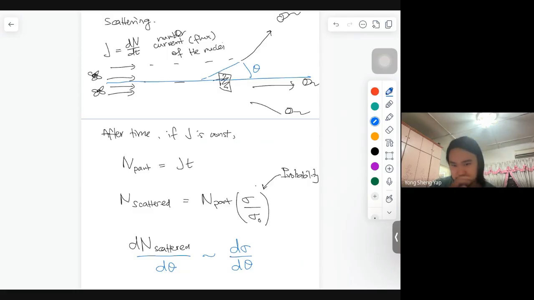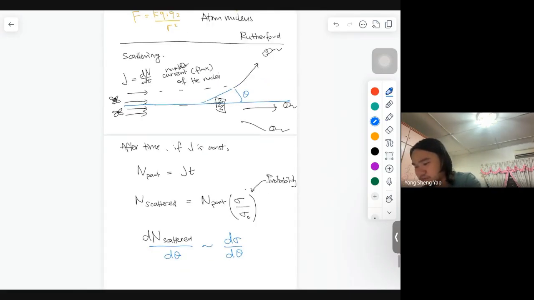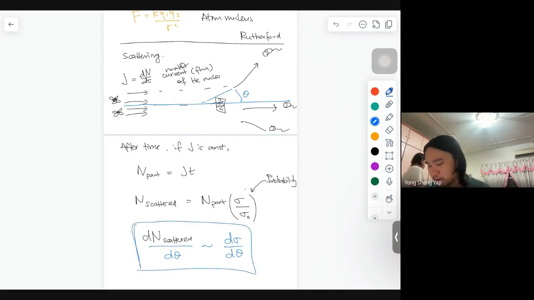Because I don't have much time left, I'm not going to say more about this. I'll include some notes about scattering in the worksheets and handouts. But basically, by understanding how much of the particles are scattered to the detectors, at what angle, we can understand the force.